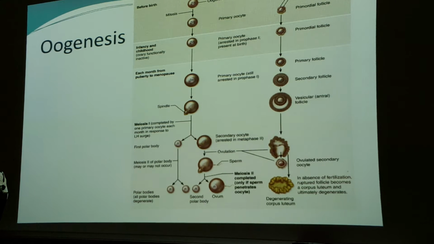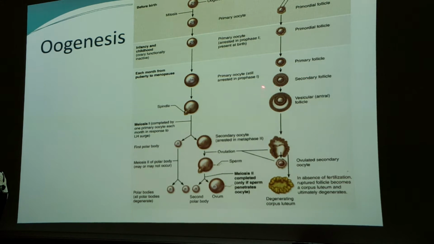Same thing happens with eggs. Only with eggs, 1 oogonium doesn't give rise to 4 eggs because there isn't room for them all, because a woman is born with all the oogonia that she's going to have.